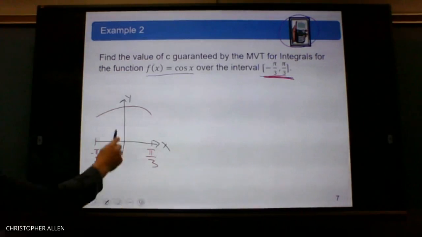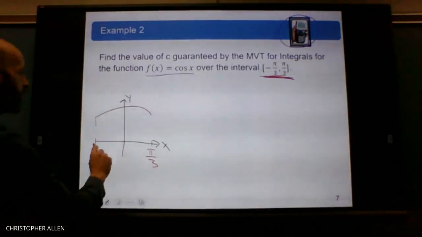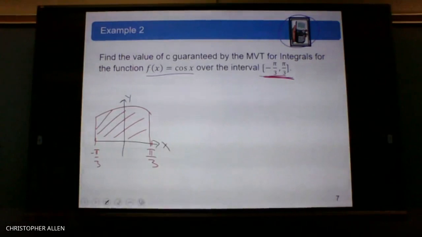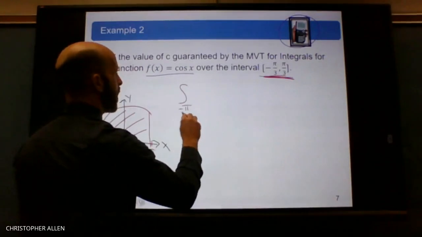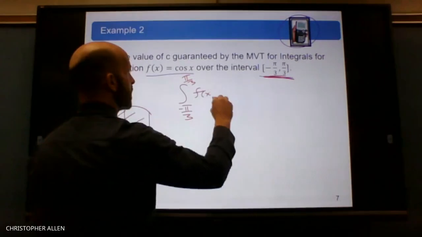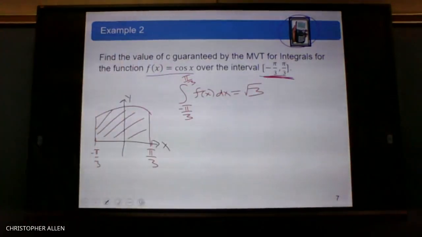It turns out that the curve basically looks something like this. Okay, I didn't do a very good job there. It should have peaked up there at the y-axis, but it looks something like this. So this is the area we've got. We're trying to figure out what value of c is guaranteed by the mean value theorem. Now, it turns out that the integral from negative pi over 3 to pi over 3 of f of x dx is the square root of 3.